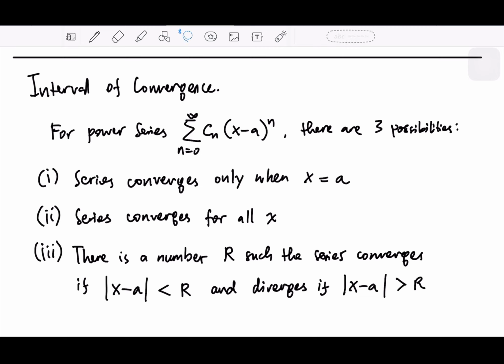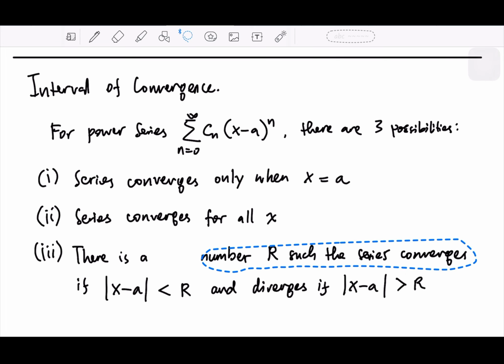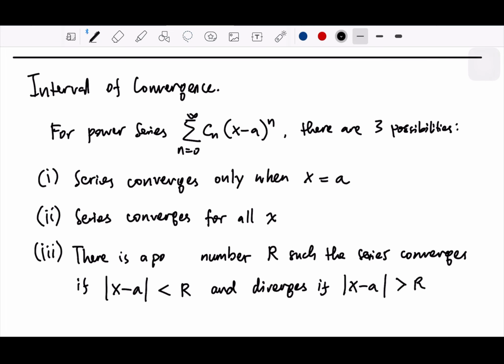Sorry, it should be a positive number, because this represents the ratio test.